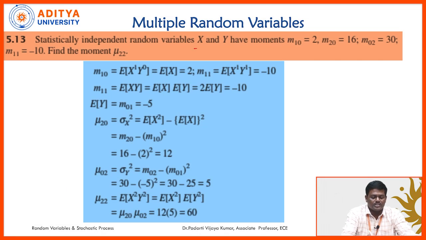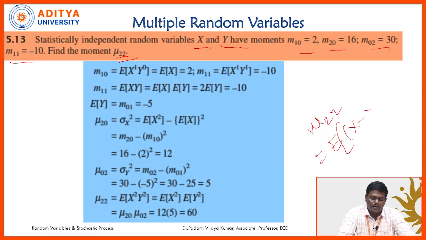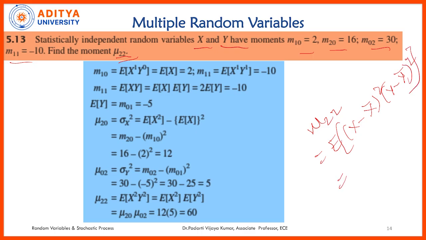Given two random variables X and Y having the moments given to us, now we need to compute mu22. Mu22 means E of (x minus x bar) whole square into (y minus y bar) whole square. Here, this is m22, E of x square into y square.